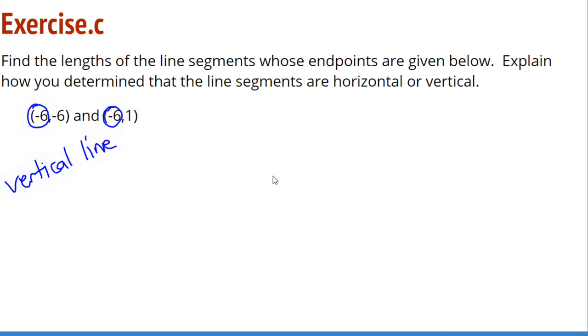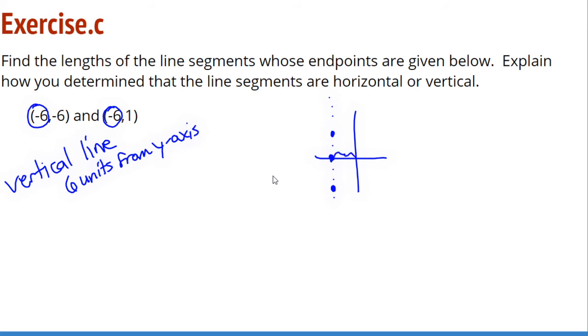Because they're both at negative 6, one of them's going down at negative 6, one of them's going up, I have this vertical line, and I know that this vertical line is 6 units from the y-axis. Because they're negative 6. That's 6 units right there.